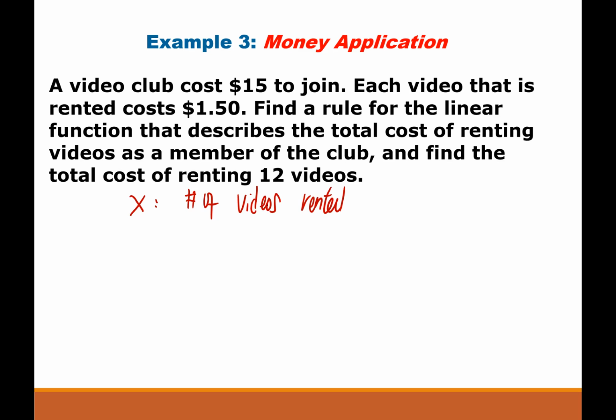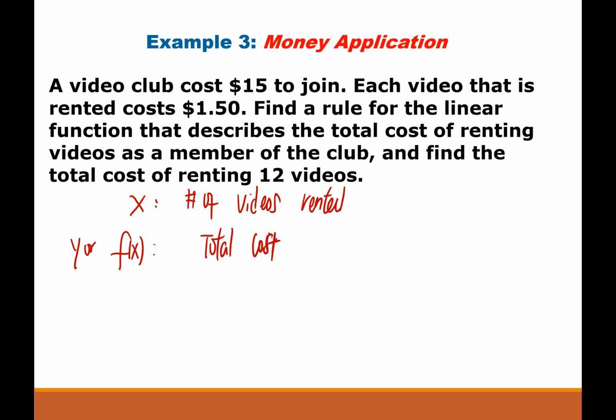And then define the dependent variable f of x, or if you want to use y or f of x, either one you like. It could be the total cost of all those rented videos. So it's very important to define both, so we have a clear idea of what we deal with.